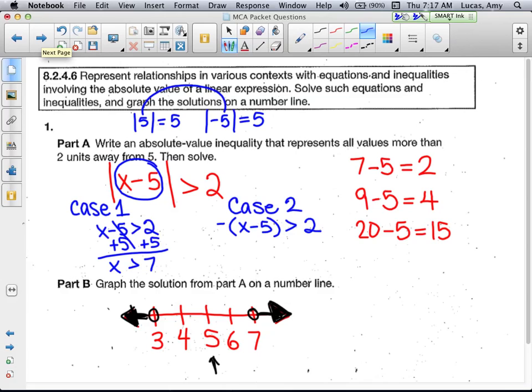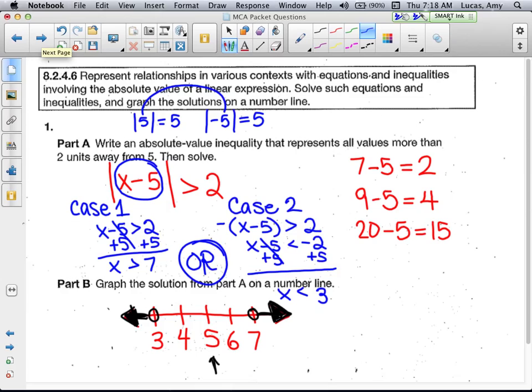Now, dividing away that negative sign on both sides flips the symbol and changes our 2 to a negative 2. If we solve by adding 5 on both sides, I get x is less than 3. So that is my other ray. So my graph was correct, and so was my absolute value inequality.